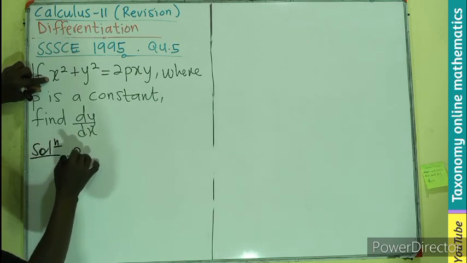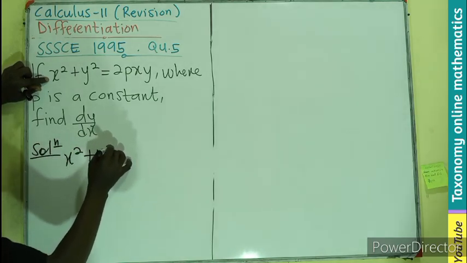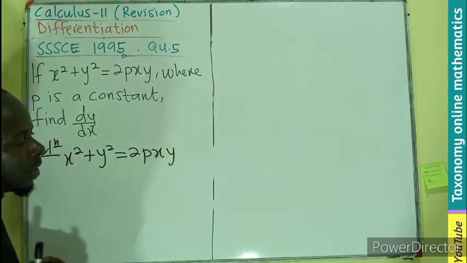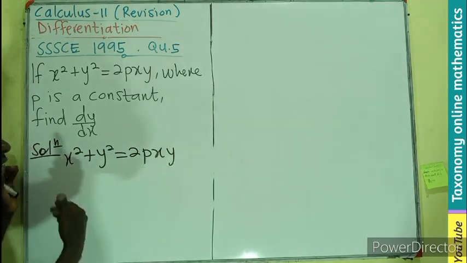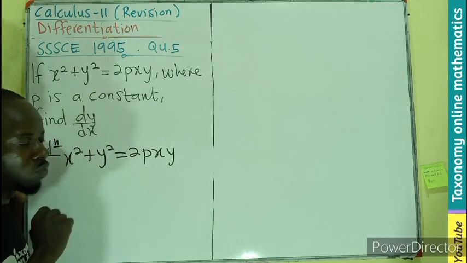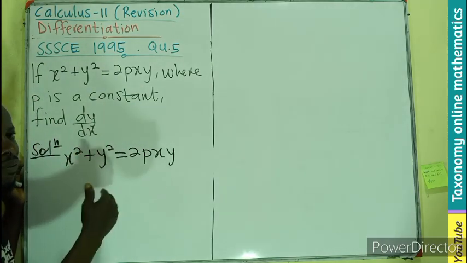That will be x squared plus y squared equals 2pxy. So now we are going to differentiate each of the terms, not necessarily writing dy/dx equals to. So each of the terms will be differentiated.